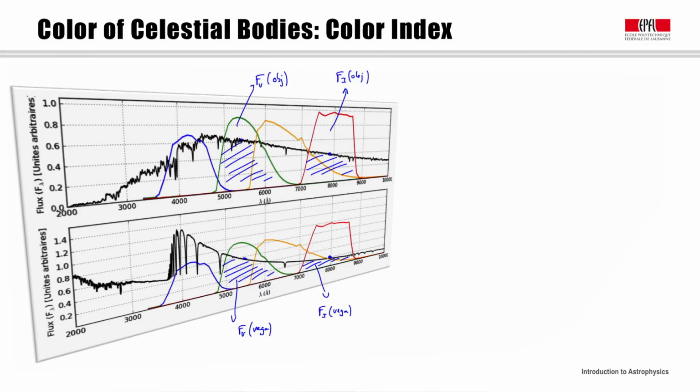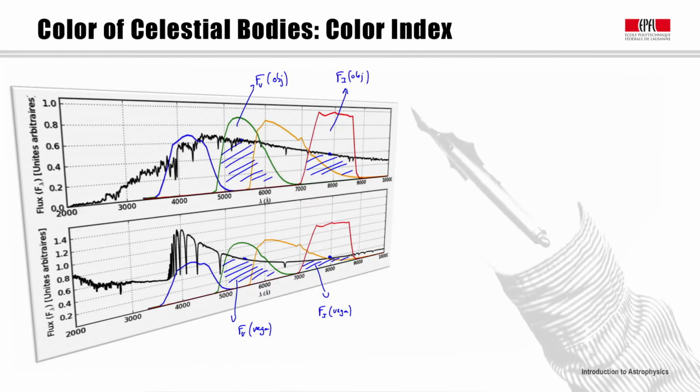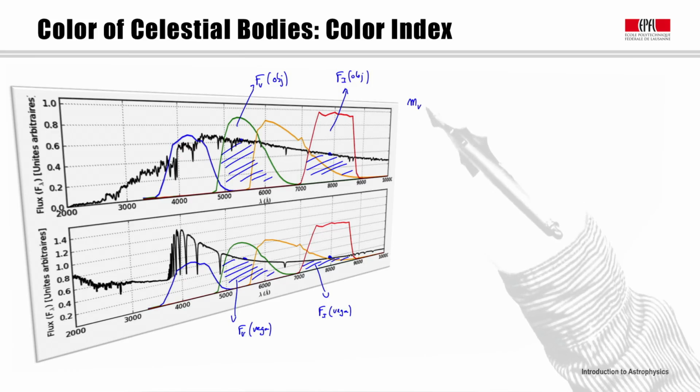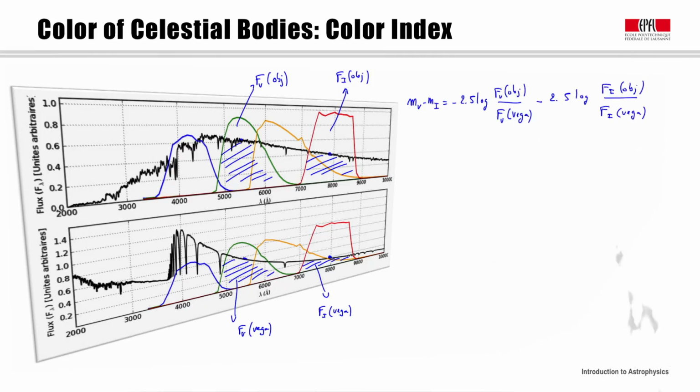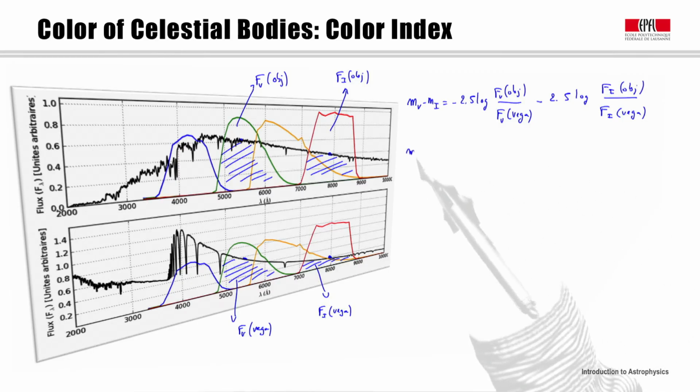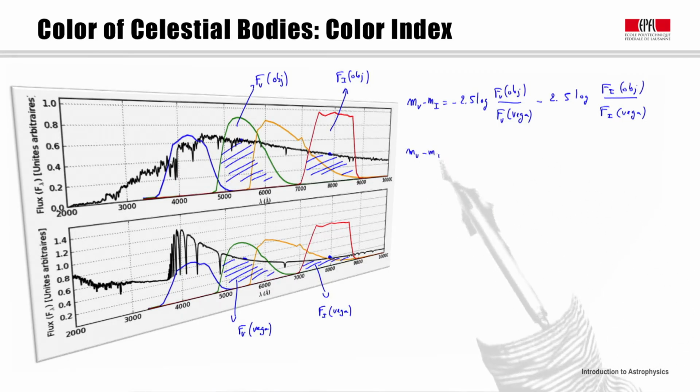And now, if we express all this in magnitudes, the magnitude of my object in the V band minus the magnitude of the object in the I band, we find the following equation from what we have seen in the earlier slides. This is simply the magnitude difference of my object in function of Vega between the V band and the I band. Now we can rearrange the equation a bit. I can write mv minus mi.